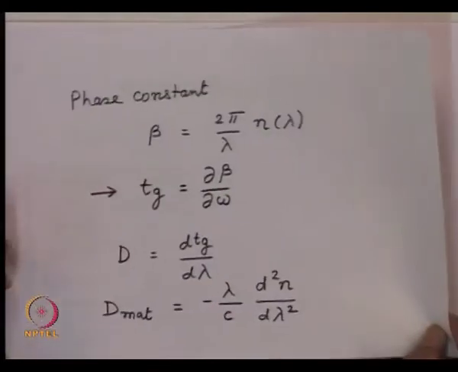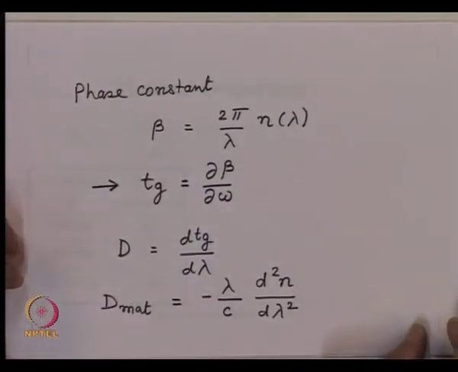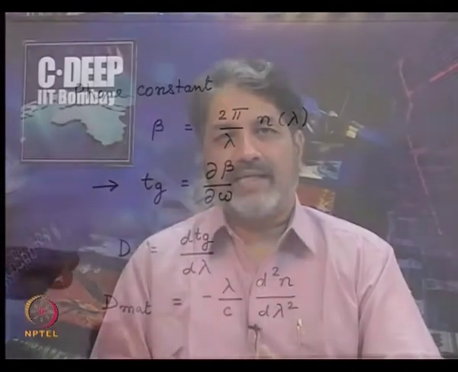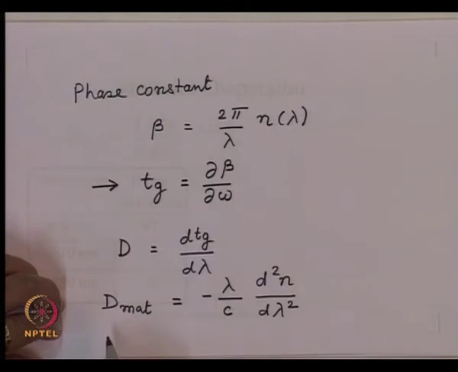Now, if you look at this expression which we have got here, the material dispersion is proportional to the second derivative of n with respect to lambda. And what does the second derivative represent? The second derivative represents the curvature of this function n with respect to lambda.